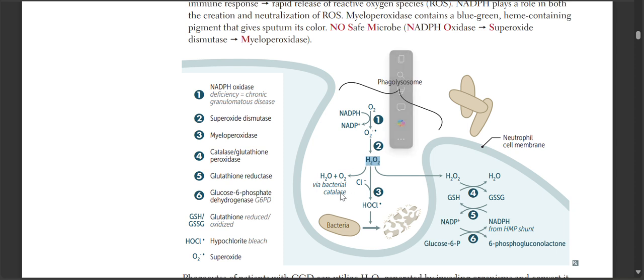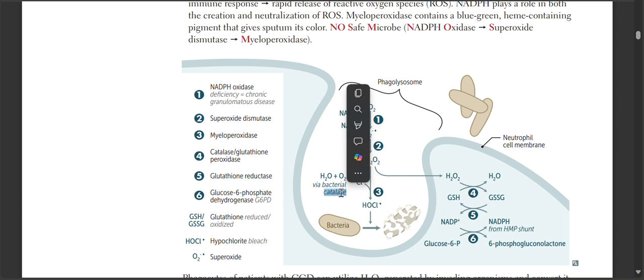Then the bacteria which have catalase will be at an advantage, because if there's little peroxide, they can just freely neutralize all of it. There will be peroxide, just less of it. So all of these bacteria will be very happy. Now, what do you think will happen if there are a lot of catalase-positive bacteria and our body isn't able to kill them? So what do you think will happen?